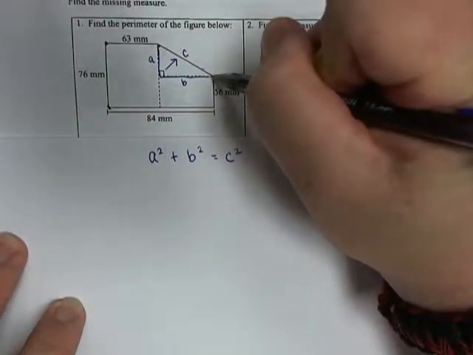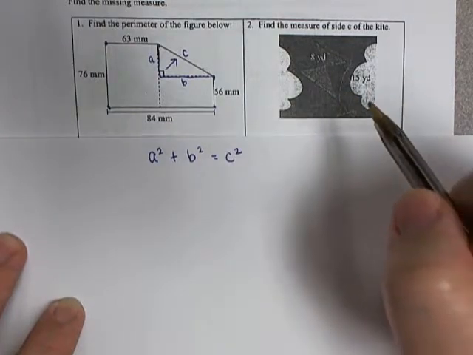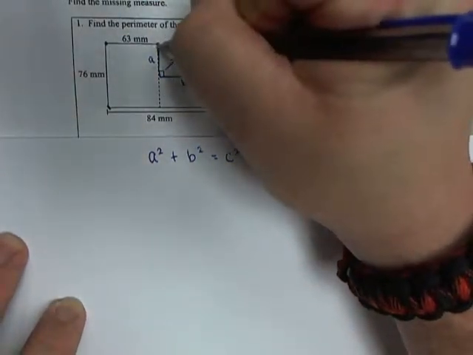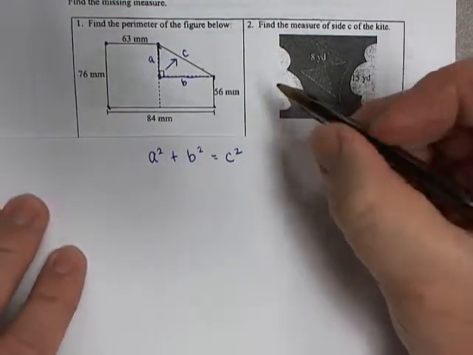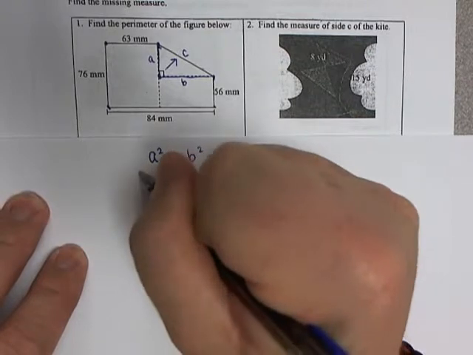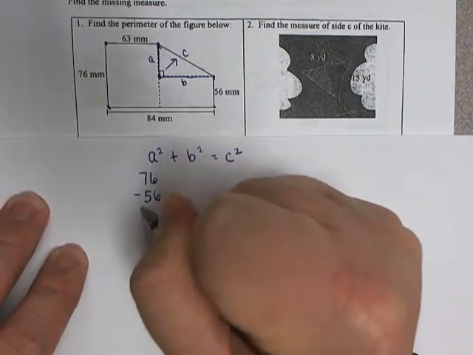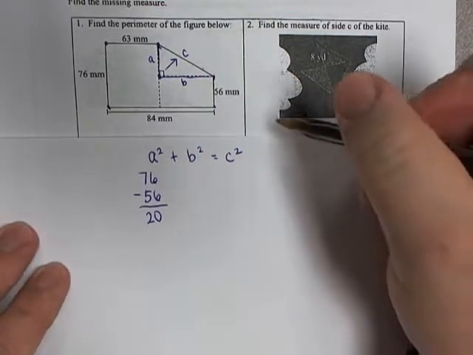From this point to this point, the measurement is 56 millimeters. So to find the length of side A, we need to subtract those two measures. So 76 minus 56 gives us a measurement of 20 millimeters.